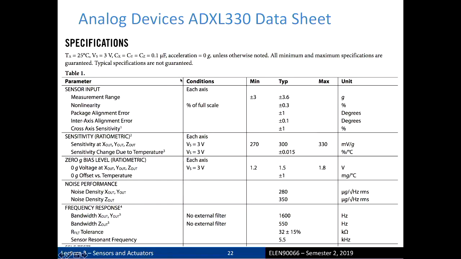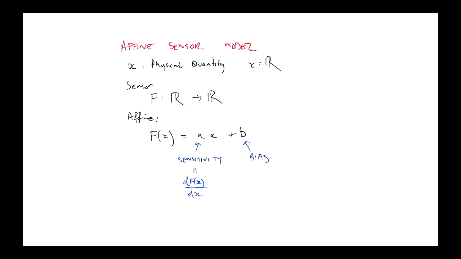Okay, so what this sensor does is, it's a mapping, right? We've got to think of this as a mapping. It maps a continuous range between minus 3.6G and plus 3.6G. So let's do this in units of G. And it maps it to a voltage. Now, if the supply is 3 volts, we've got to do the mapping this way.